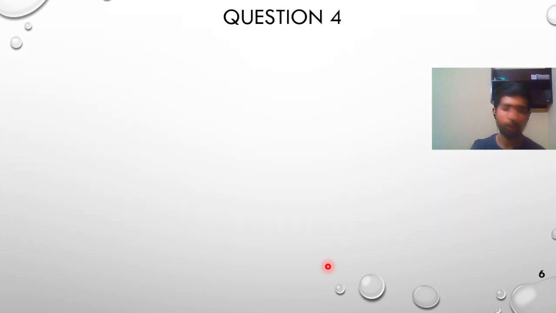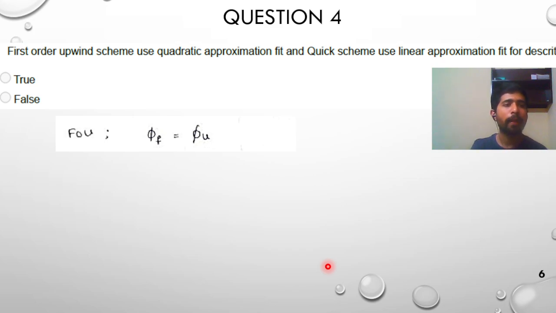I think all of you have written it in the chat box. Next: the first order upwind scheme uses a quadratic approximation fit and the QUICK scheme uses a linear approximation fit for discretization. Is this true or false?